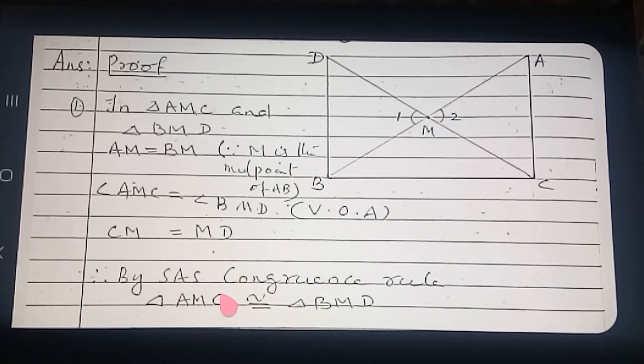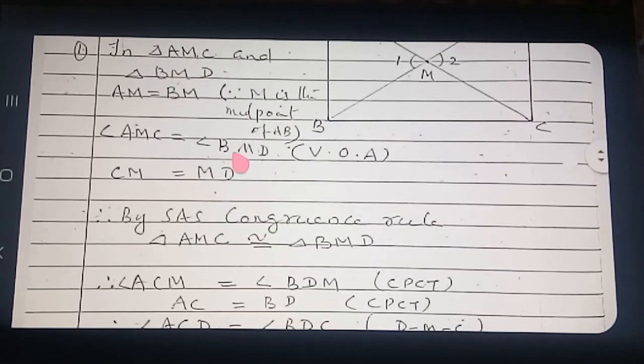What can you say? Triangle AMC is congruent to triangle BMD. Here we are taking corresponding parts, because you need them for proving the further parts. This much is clear. The first part we proved now: triangle AMC is congruent to triangle BMD.